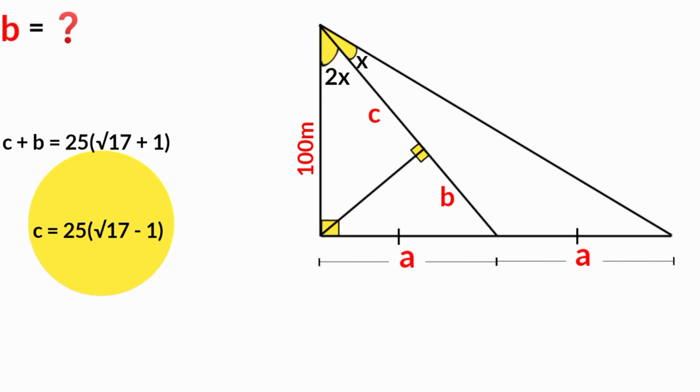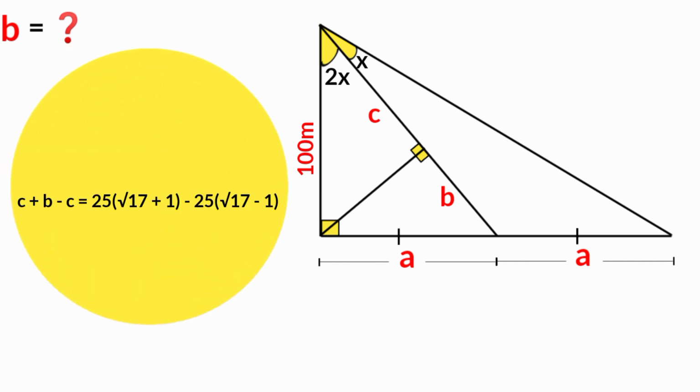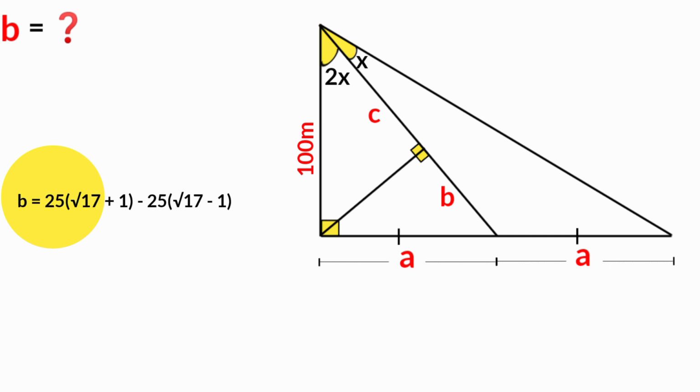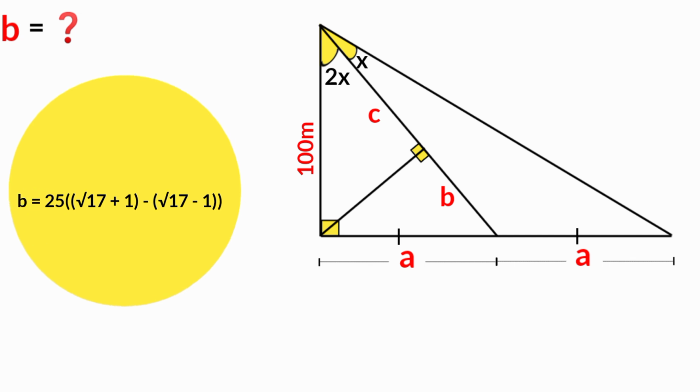Now subtract this equation from this. C plus b minus c is b. 25 open bracket root 17 plus 1 minus 25 open bracket square root of 17 minus 1. We can factor out 25. So b equal to 25 open bracket square root of 17 plus 1 minus square root of 17 minus 1.